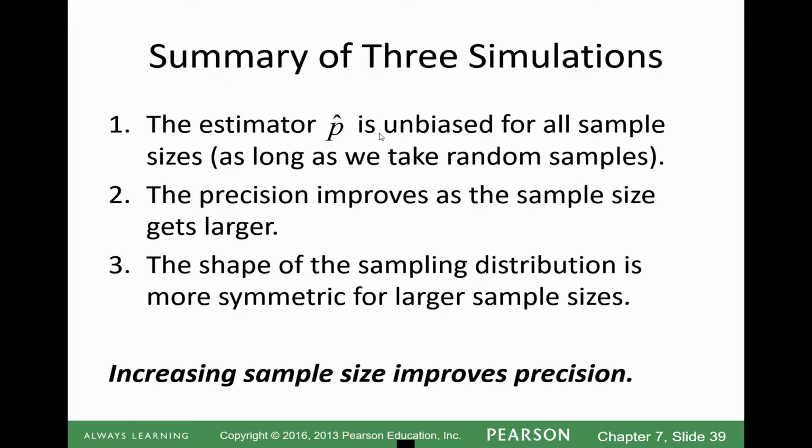The estimator p hat is unbiased for all sample sizes, as long as we take random samples, and the precision improves as the sample size gets larger. Notice that as you increase the sample size, the shape of the distribution is more symmetric. See right there, bolded: increasing the sample size improves the precision.